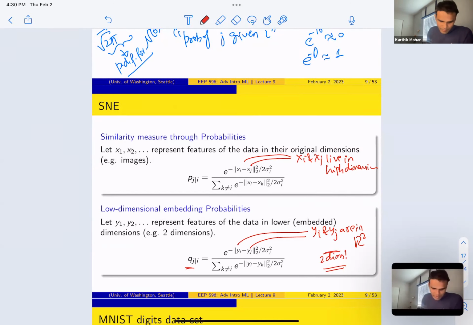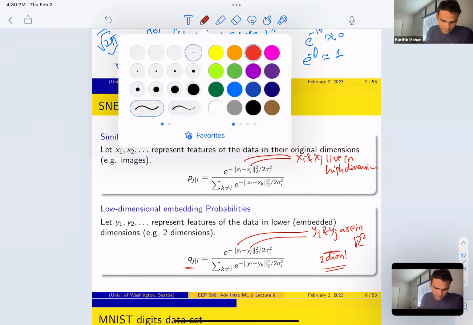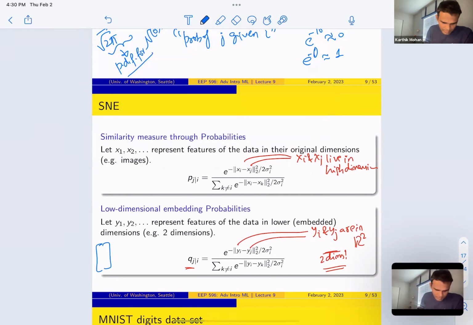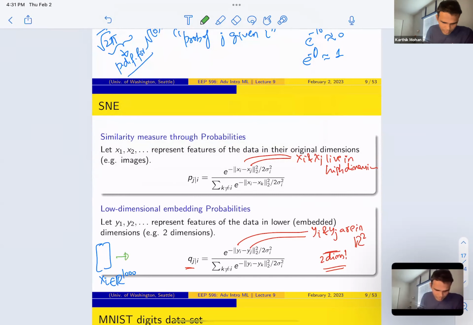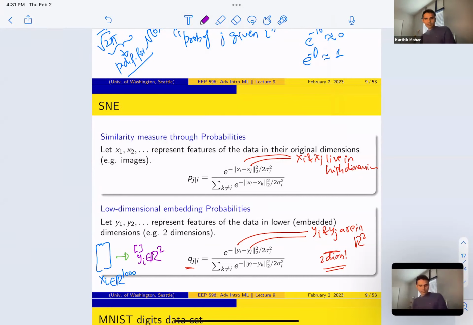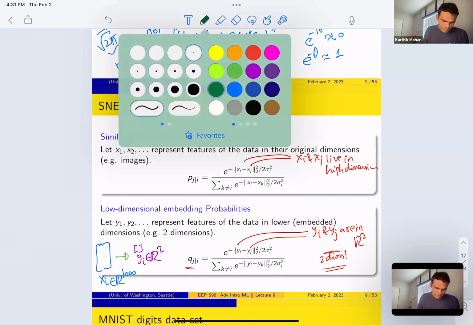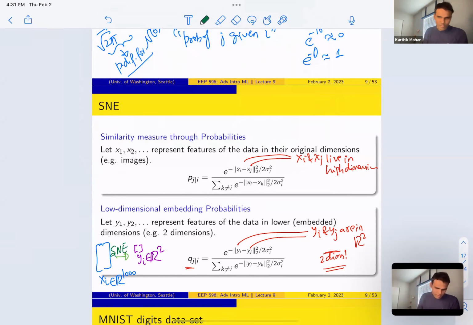Essentially, you're taking something that is really big, let's say a 1000-dimensional vector, and moving it into something like this, where y_i belongs to 2 dimensions. So stochastic neighborhood embedding is taking the original vector x_i and compressing it into 2 dimensions. This is the SNE that is doing this job.